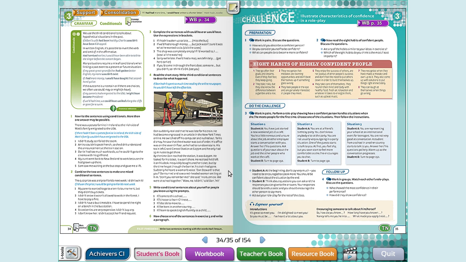Today we're going to use your book, so please grab it and open at page 34. Here we have some exercises of our grammar, okay? Last class we studied conditionals: 0, first, second, third, and the mixed condition.